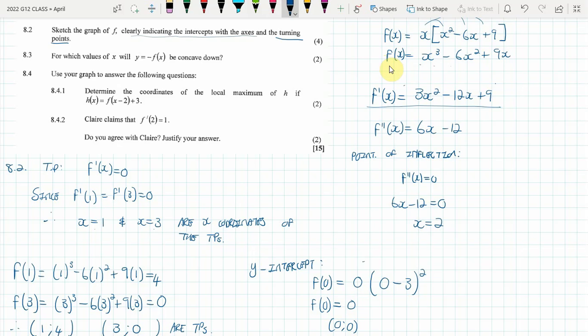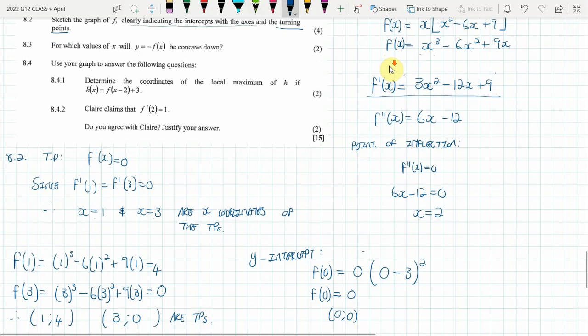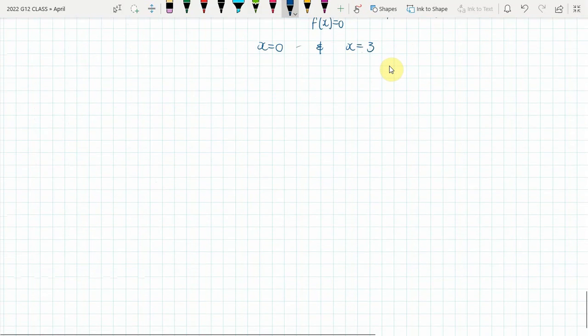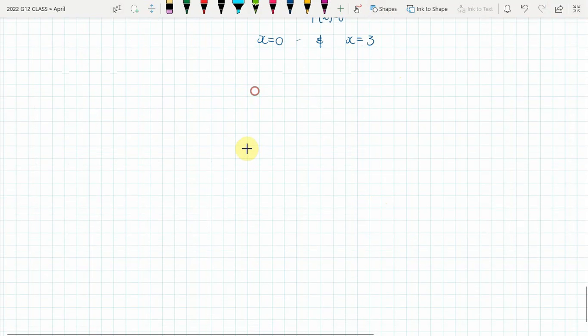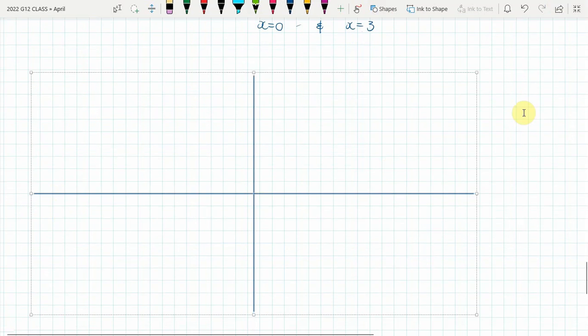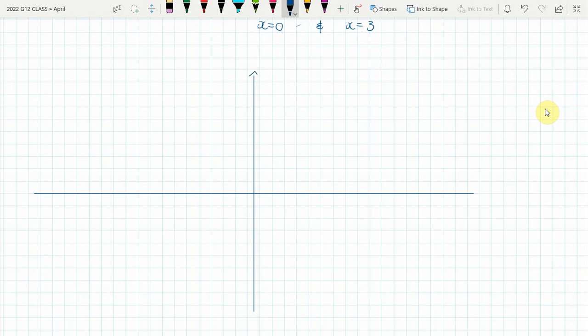Intercepts, turning point, no point of inflection, but normally it's a key point of the graph. But anyway, let's not try to be clever. We have x-intercepts at the origin and at x equals 3.